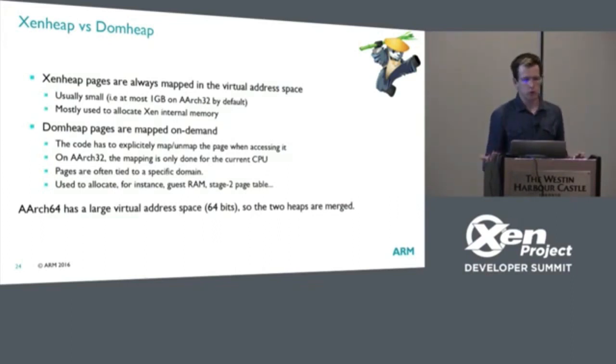We also allocate the stage 2 page tables there, so when we update the stage 2 page tables, we have to map and unmap every time. In the case of ARM64, because the virtual address space is really big, 64 bits, we don't have the two. We map all the memory, so the two heaps are merged in the same place.